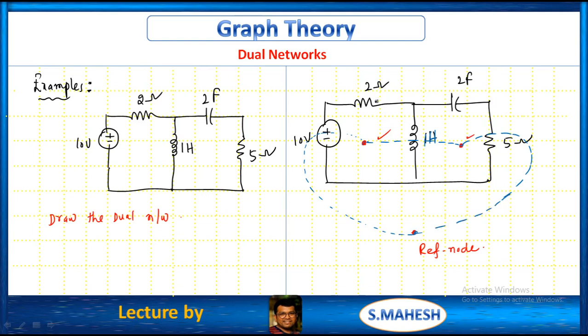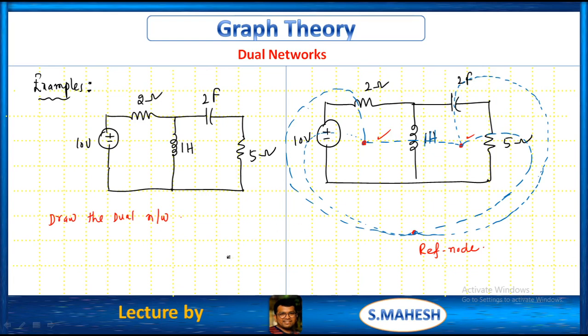Again, by connecting these elements, we are having again, that's it. Again, by connecting from this dot to this element via that element only, we are providing a path. That's it.